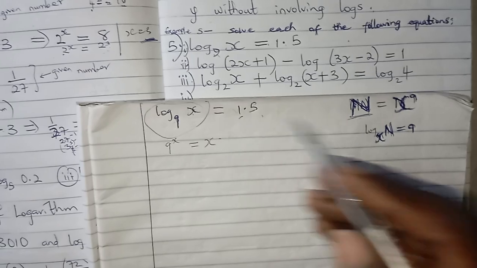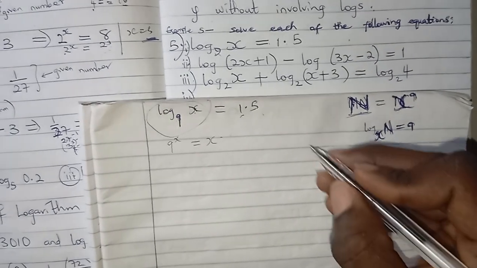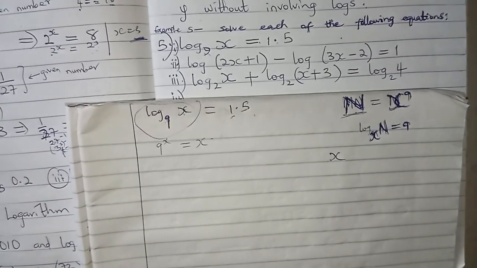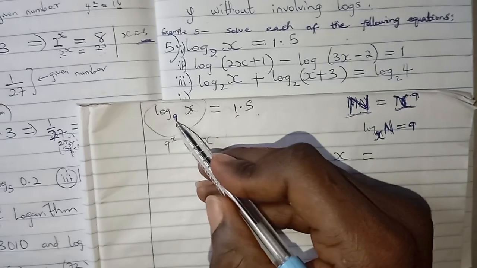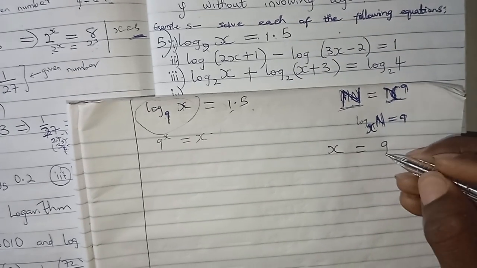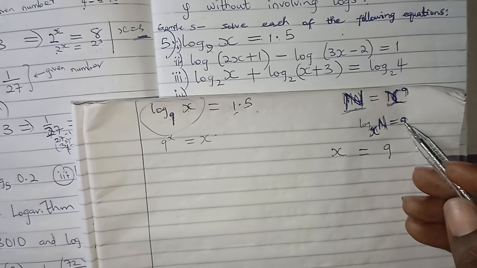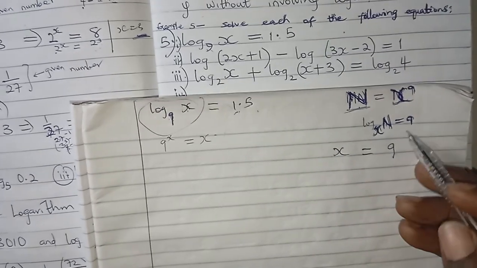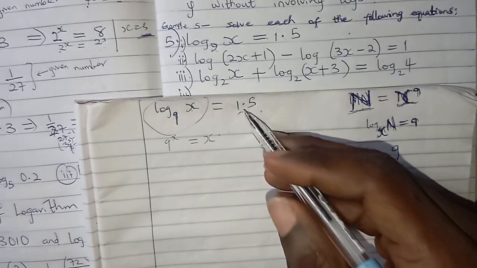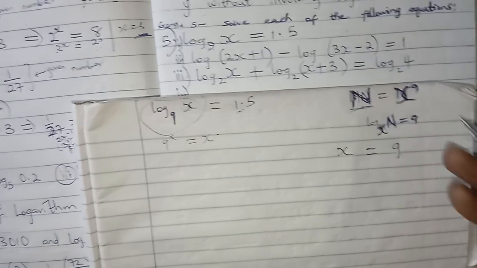That means that I can bring x to be n here. x equals to, what is the base? 9. See it. Then what is here? Look at where it is.